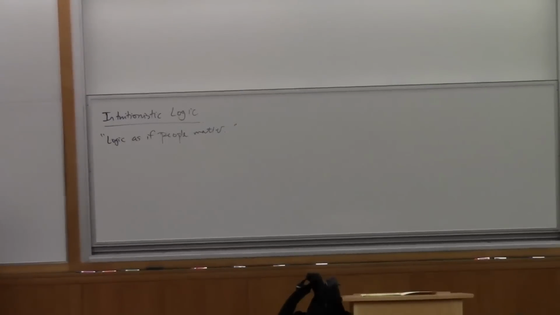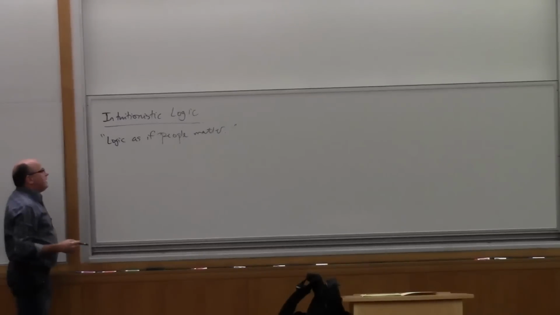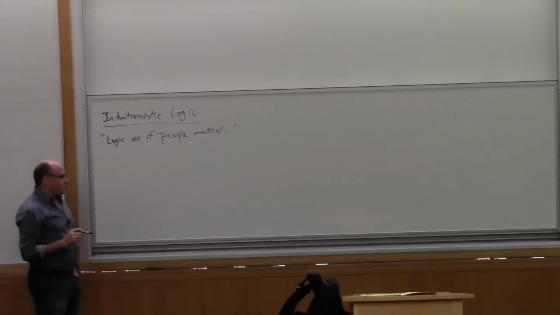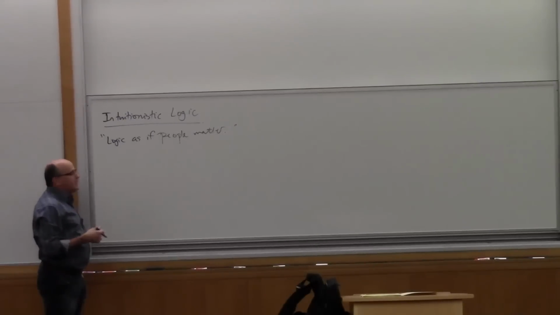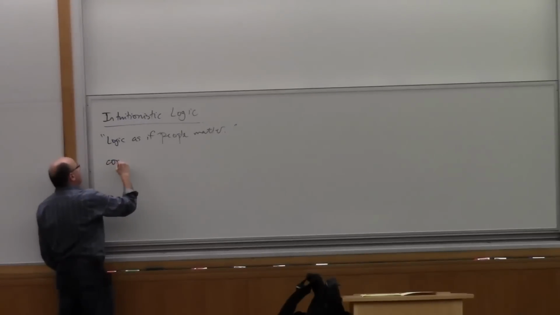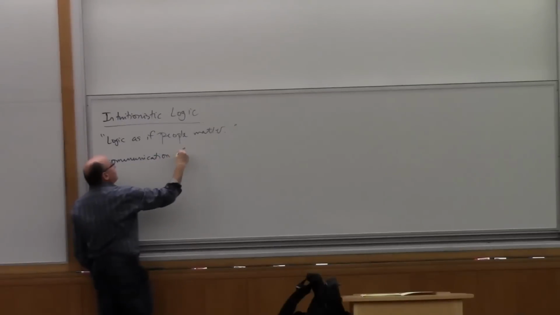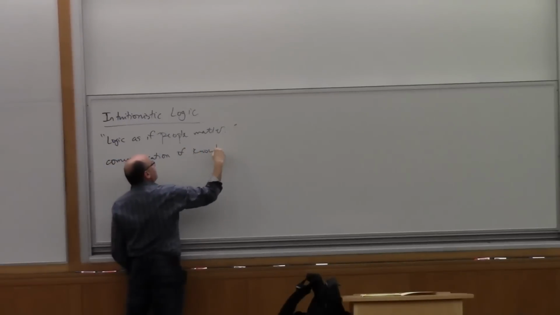And the reason I present it that way is because it is very much focused on the idea that the process of doing math, and eventually doing computer science, is a process of communication. It's all about communication of knowledge. Okay, this is what we want, communication of knowledge. This is the basic idea.